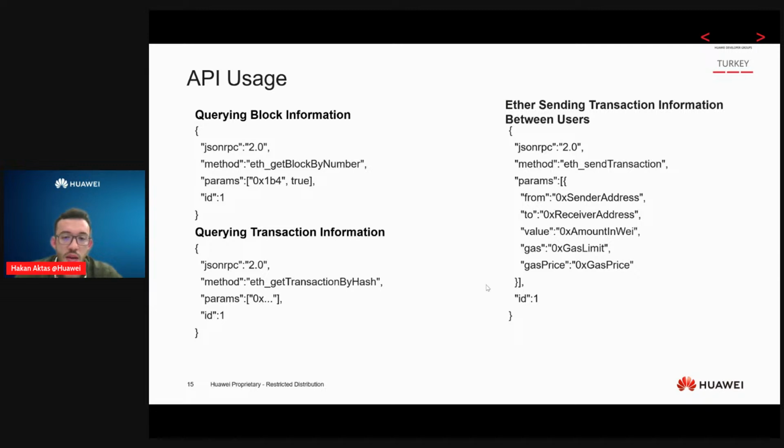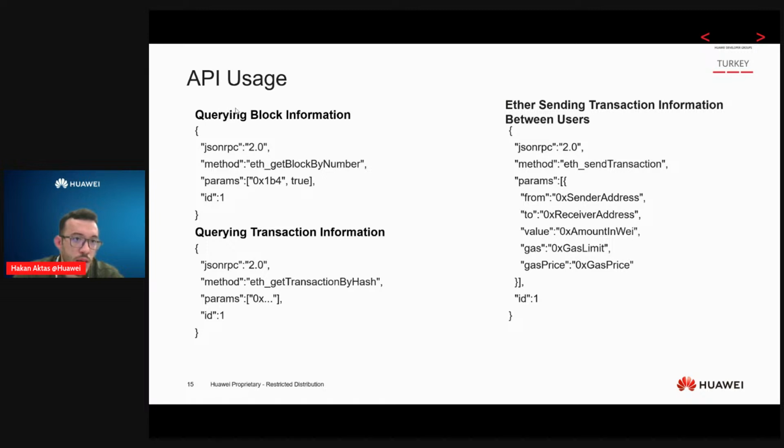First, we have querying block information. This JSON RPC request actually uses the get block by number API. You can guess the main responsibility of the API.